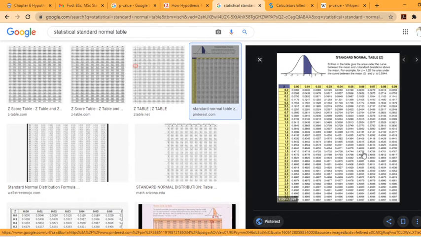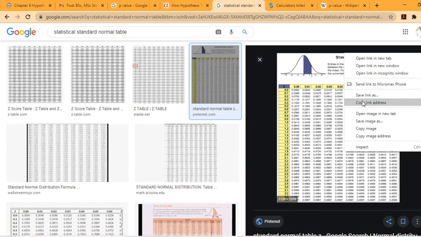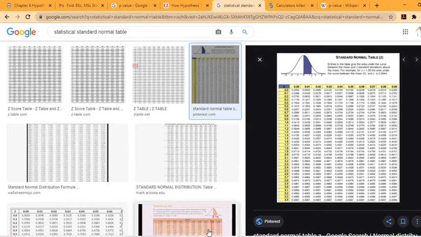Yeah, this is the 0.05 percentage table.